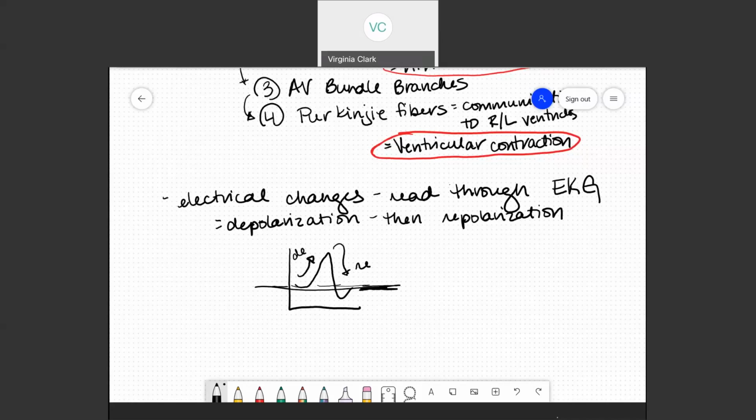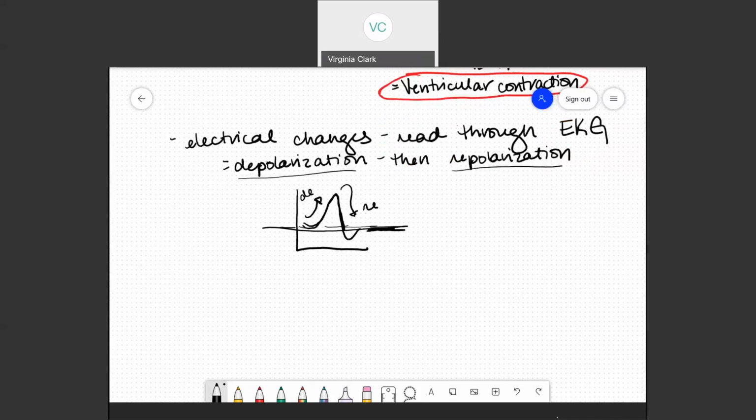So this is the process of depolarization and repolarization. These are the electrical changes you see on the heart, and we actually can record them. And so these are going to be recorded through the use of an electrocardiogram.